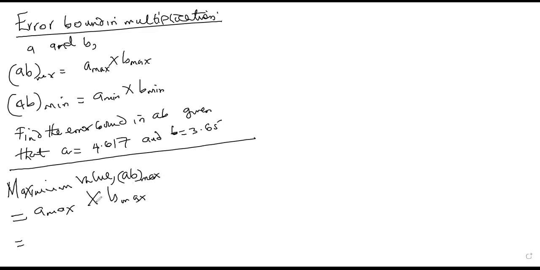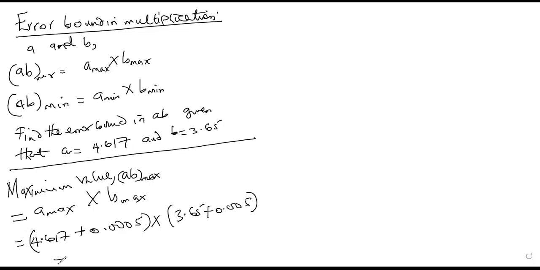This is going to be equal to A maximum: we get A exact 4.617, we add its maximum error, which is 0.0005. Then it times B, the value you have 3.65, you add a maximum error 0.005.